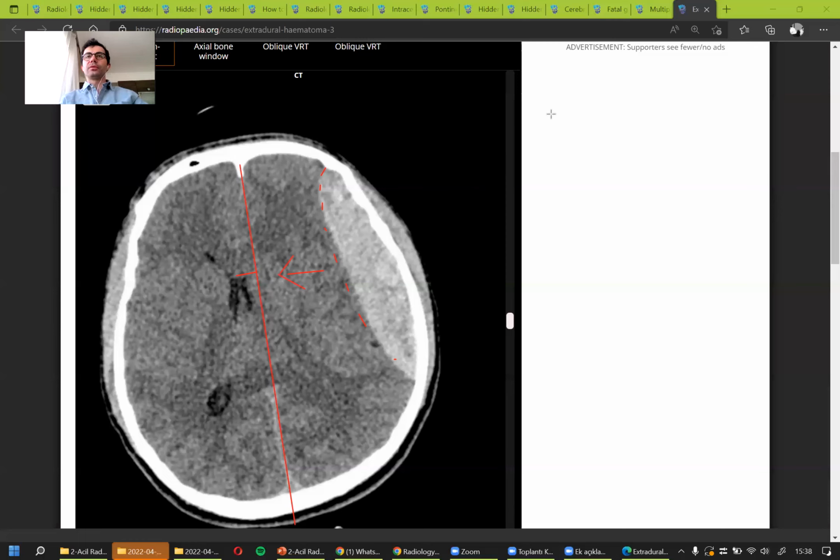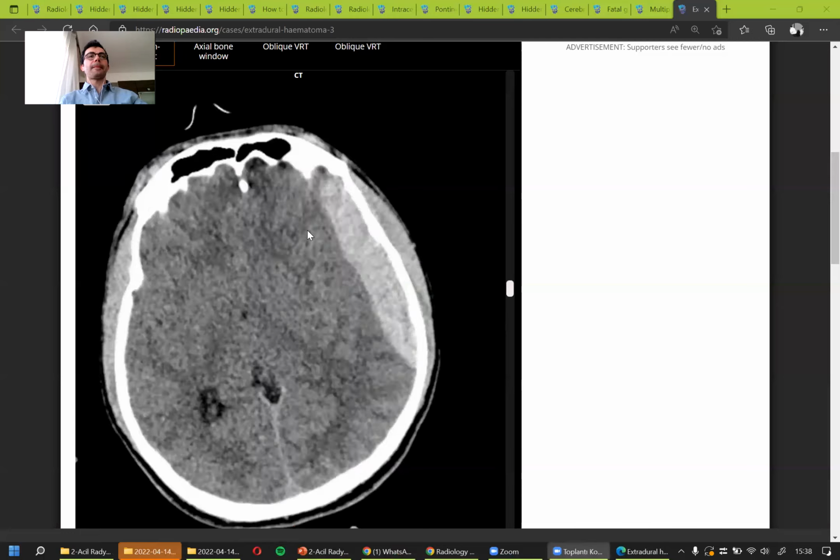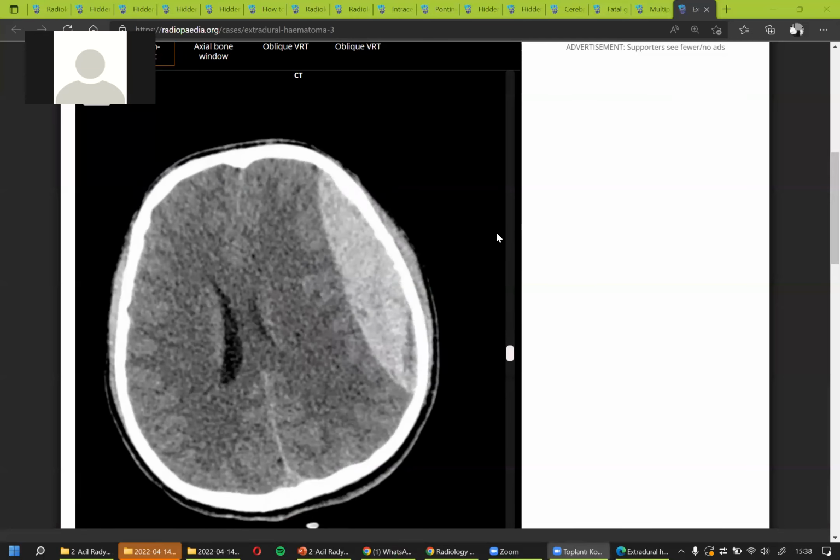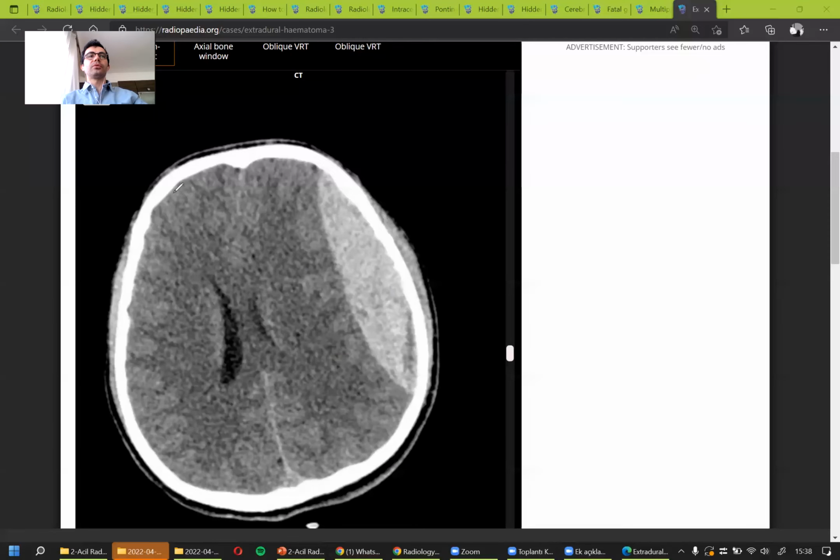This is epidural. That's true. Doctor, why did you call this epidural but not subdural? I think football-shaped collection of blood. It's got reverse angulation, right? If it was a subdural, it would be pretty much looking like this.